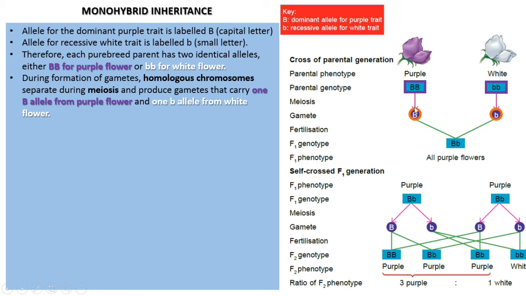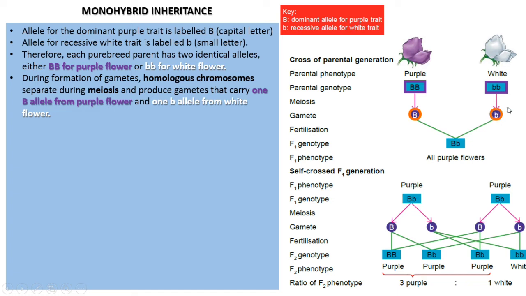Okay, because meiosis will halve the chromosomes, so the alleles will be separated. Okay, B besar, gamete from B besar only B besar.